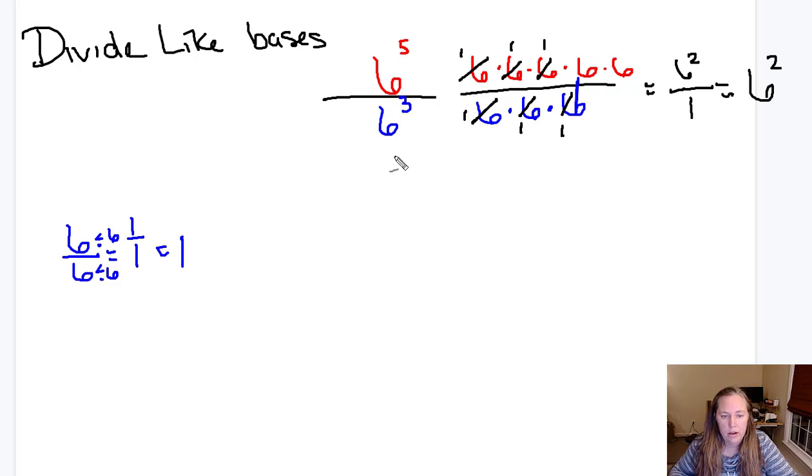So if you look, 6 to the 5th over 6 to the 3rd, we could have gotten that squared by subtracting exponents. So when you divide like bases, you subtract exponents.